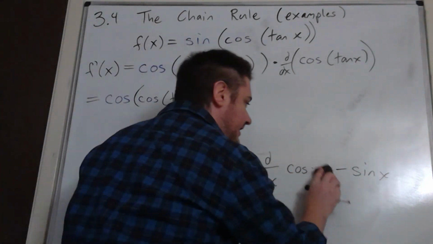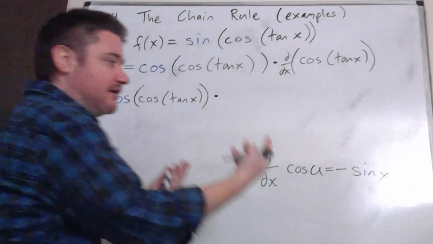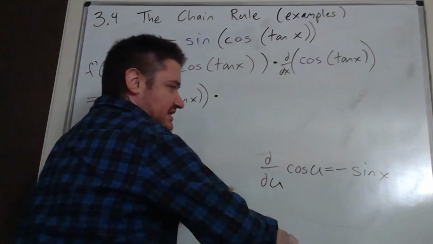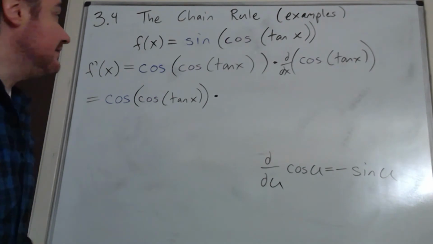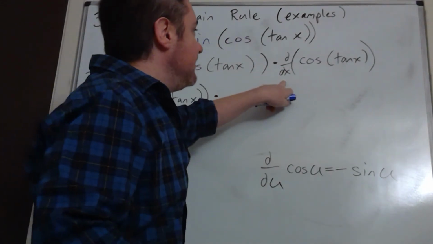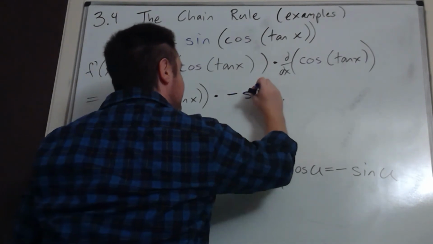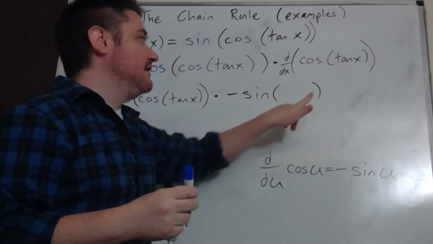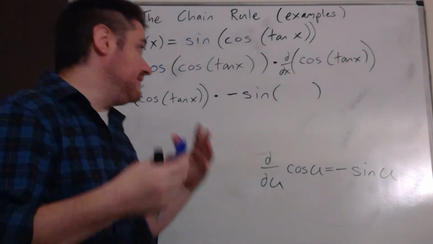If I have cosine of something more complicated, something like a u, some other function, and I take the derivative with respect to that u, then I just get minus sine of that u, right? And that's it. Okay, so in other words, the derivative of cosine of something is going to give me minus sine of that something. Okay, and I have the habit of leaving those parentheses blank just for like a moment, so kind of like breathe and remind myself.